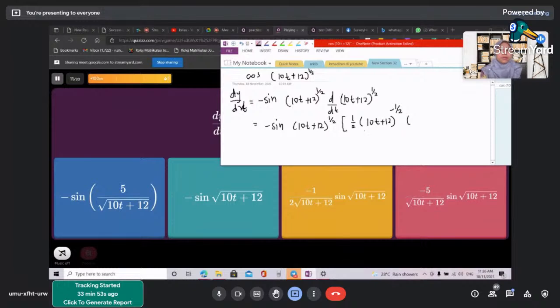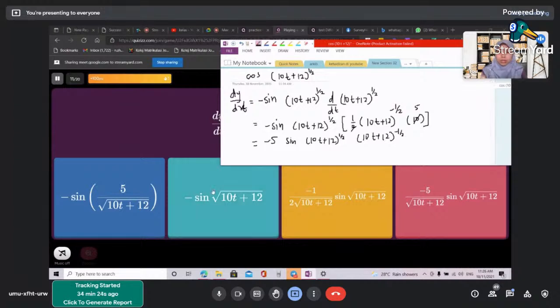And then you need to differentiate the expression inside the bracket, so 10t. Then you can simplify. 10 and 2 simplify, so negative 5 sine of (10t plus 12) to the power of 1/2, multiplied by (10t plus 12) to the power of negative 1/2.